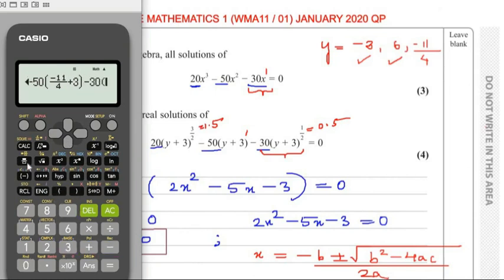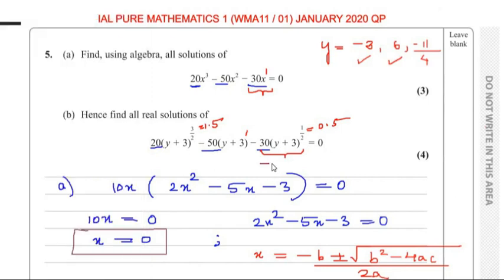We have again negative 11 over 4 plus 3 to the power of 0.5. You can see that we did not get the left hand side as 0 because we get negative 25 is equal to 0, which is not a solution. Hence we are not going to take negative 11 over 4 as a solution to this equation.